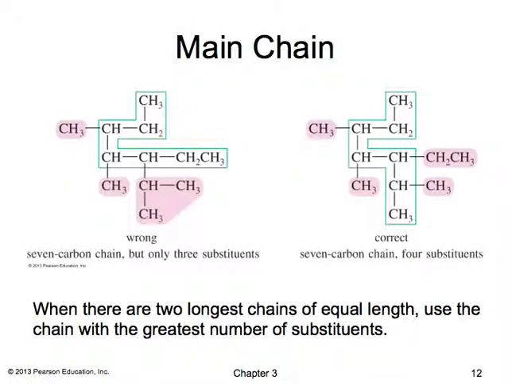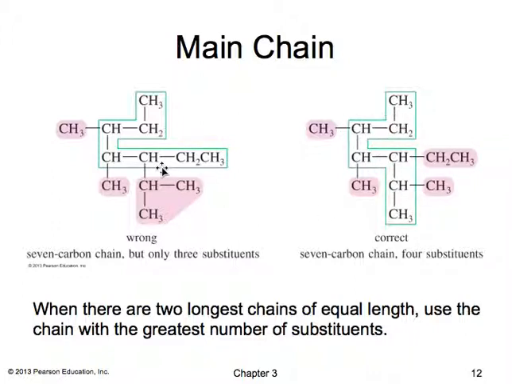When there are two longest chains of equal length, use the chain with the greatest number of substituents. Shown here is the same molecule in which you can find a 7-carbon chain if you circle it this way, or a 7-carbon chain if you circle it this way, or identify it this way.